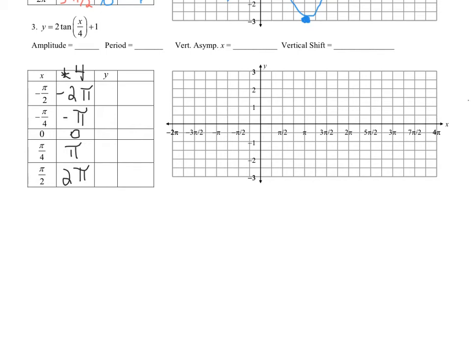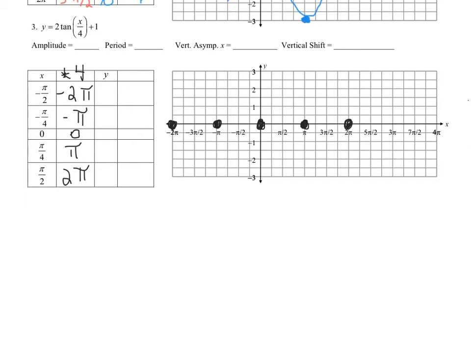All right, so when I multiply all of my tangent angle measurements by 4, I get -2 pi, negative pi, 0, pi, and 2 pi. Then I'm going to mark my horizontal axis with those points. The next thing I'm going to do is write in my values for tangent for this column that's under y.